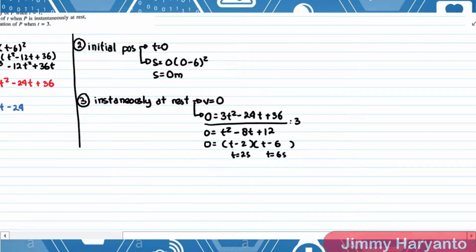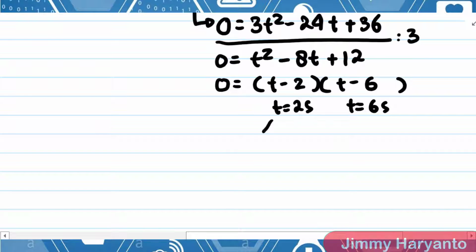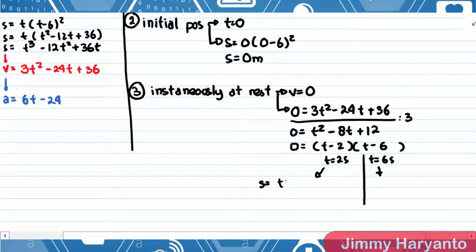There you go. Okay, and then after that if you want to sketch the motion first, you can find the position when t equals 2. What is the equation for position? t times (t minus 6) squared.